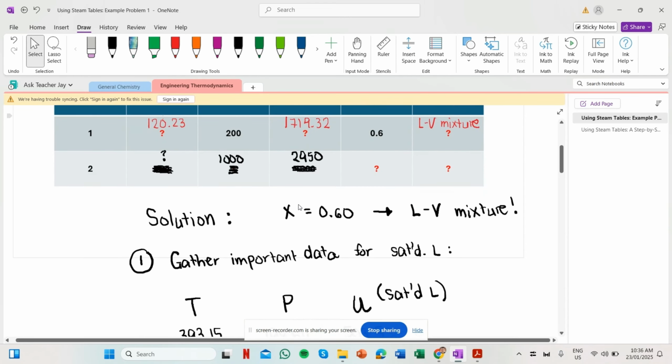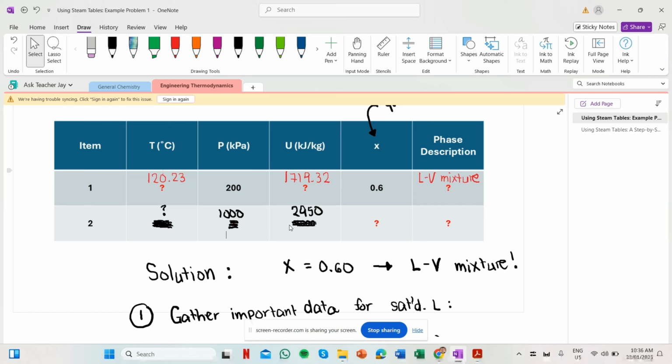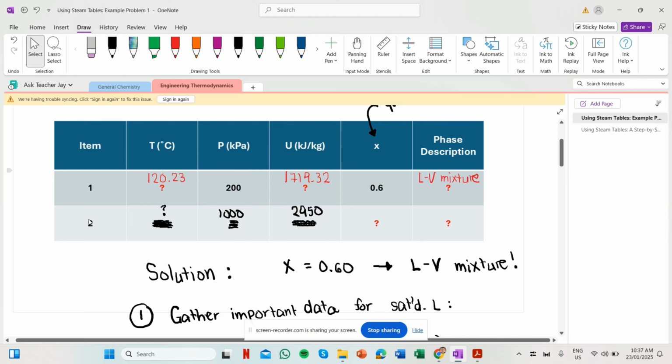For the second item, apologies for typing in the wrong information earlier. I think I made some changes during my preparations, because the initial data for the second item had somehow the same approach as the first. So I want to give another item that would help us learn different approaches for different phases of water. For item number two, we don't have the value for the temperature.